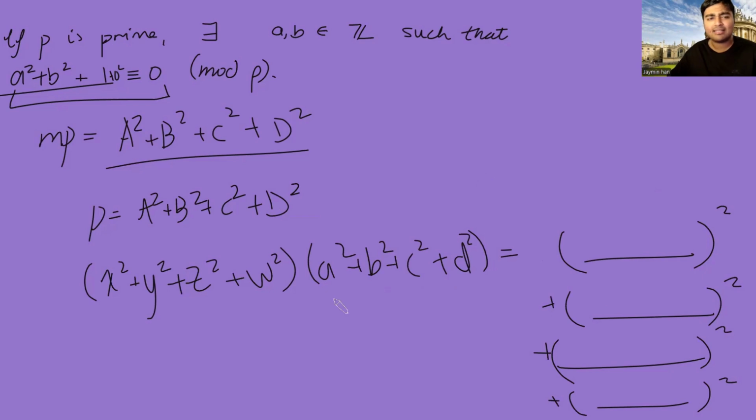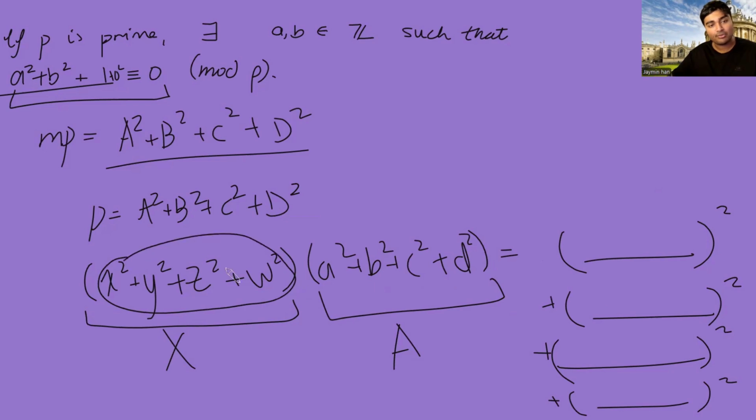And basically what this tells us is that if you have two numbers x and a, which can be written as the sum of 4 squares, then their product can also be written as the sum of 4 squares.